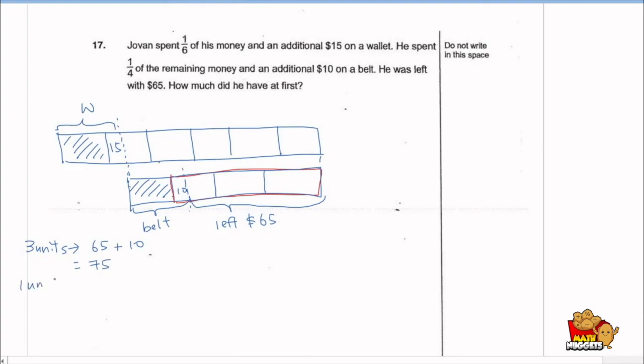So I find out what's 1 unit. It's 75 divided by 3, 25. And I find the whole bar at the bottom first. So I find 4 units. That's 25 times 4, which is 100.